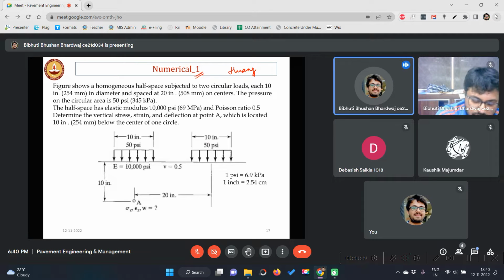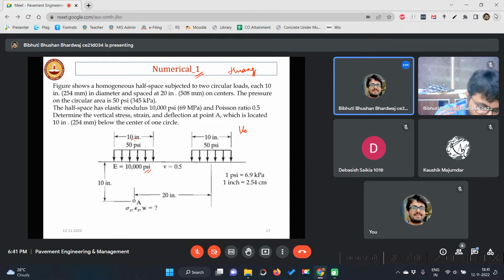But in the Wang book, the units are British units. That means pounds per square inch, psi. So the unit of stress is psi, the unit of force is pound, lb, and the unit of length is inch.